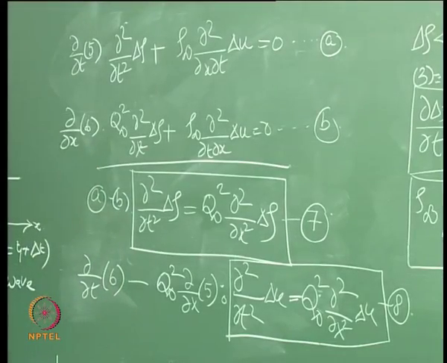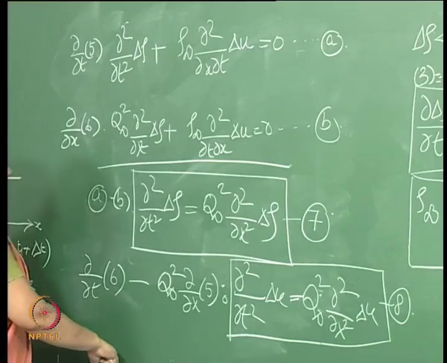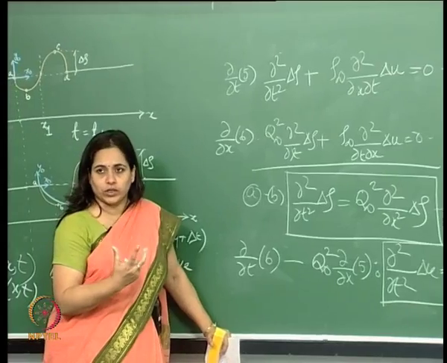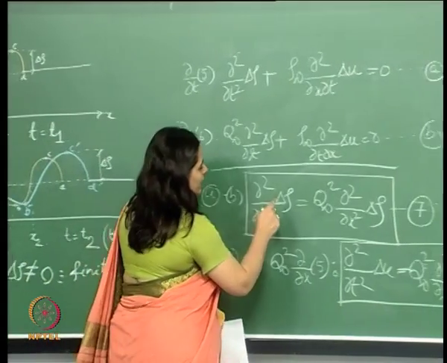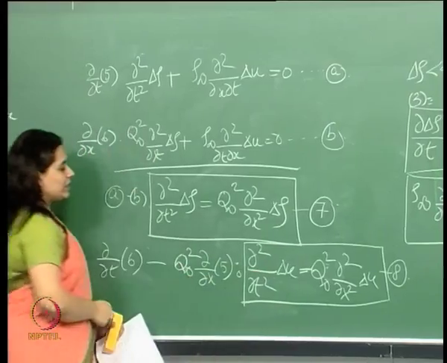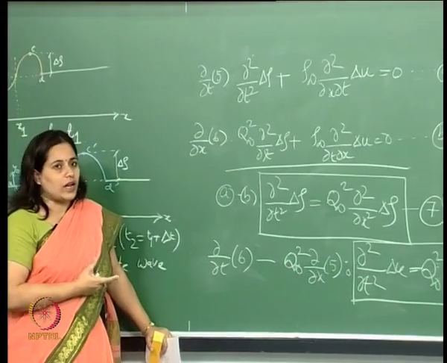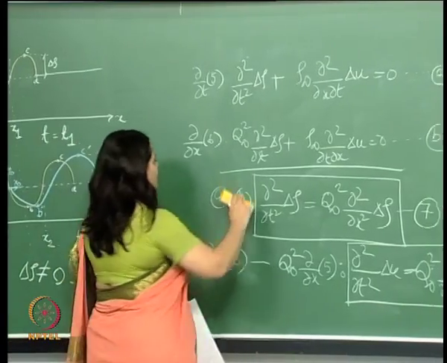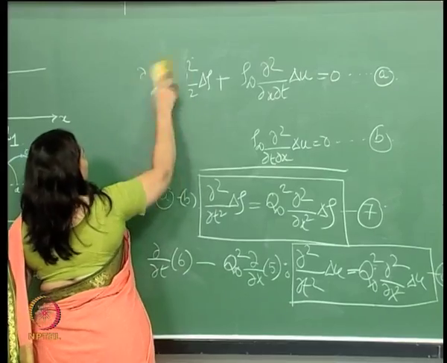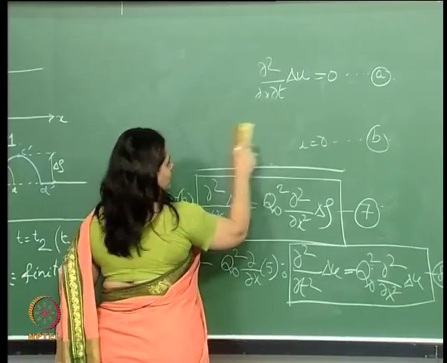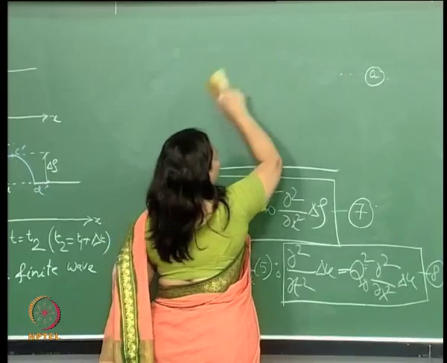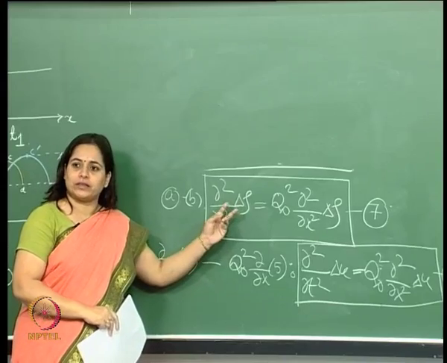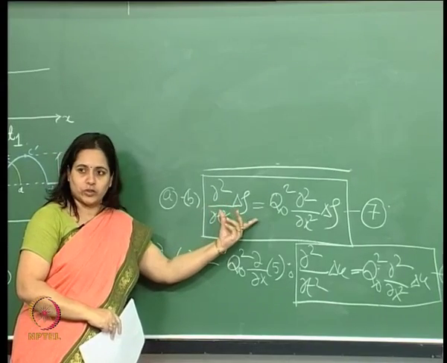Seven and 8, right. So what you see over here is basically I have two equations, one in delta rho and the other in delta u. Once I'm able to solve these, I should be able to figure out what my perturbations are. Now the beauty of equations 7 and 8 is that we have a ready-made solution, because I hope this equation should be familiar to you by this time.